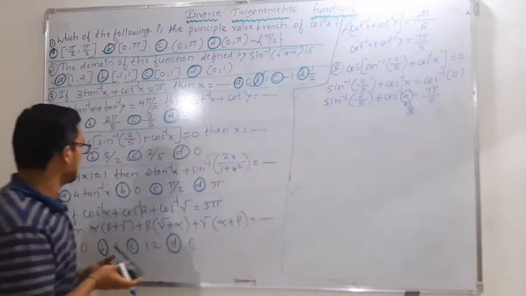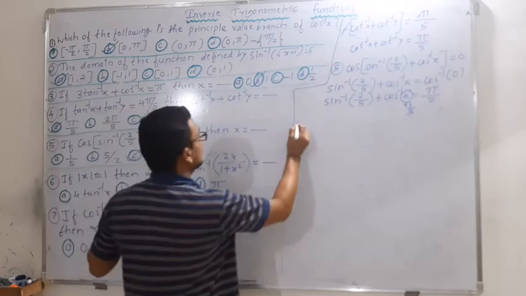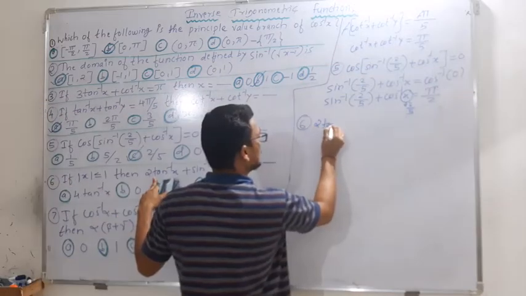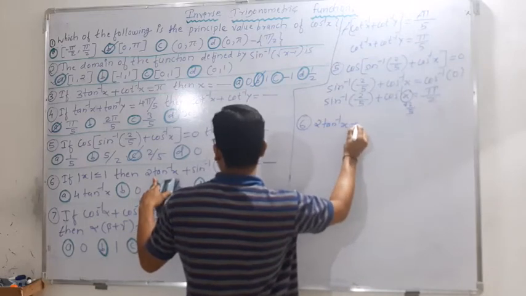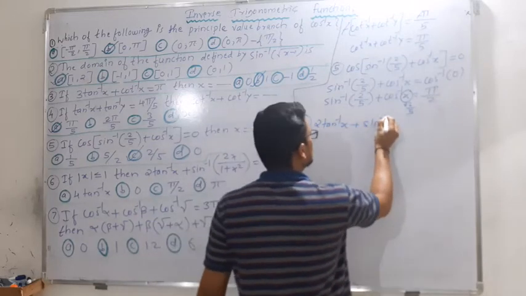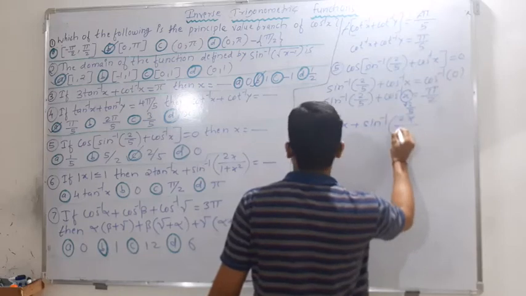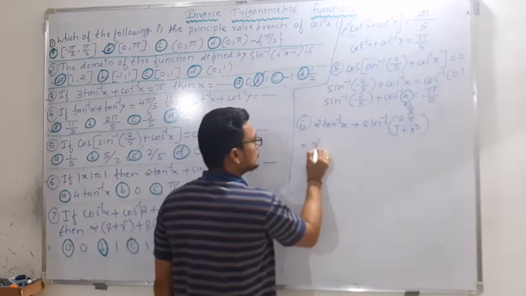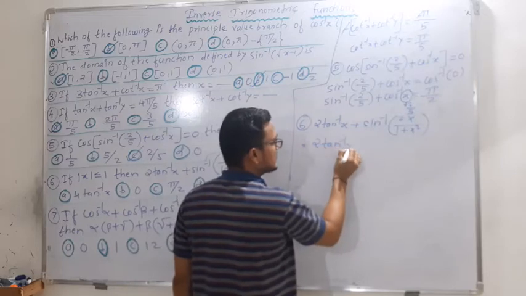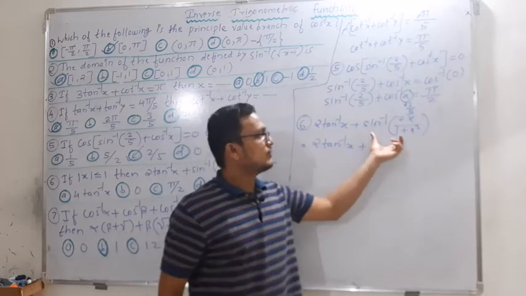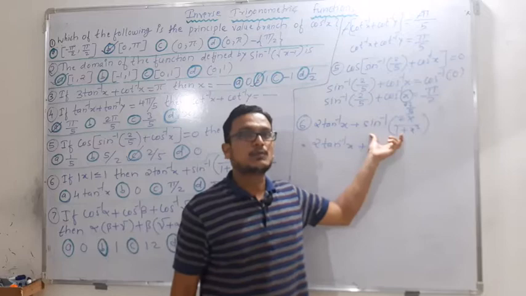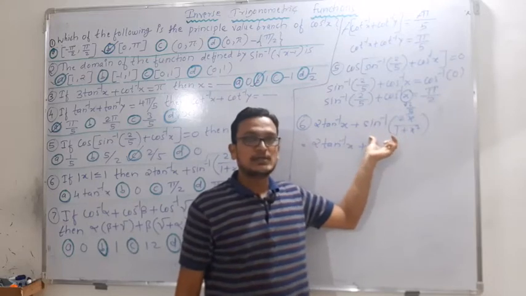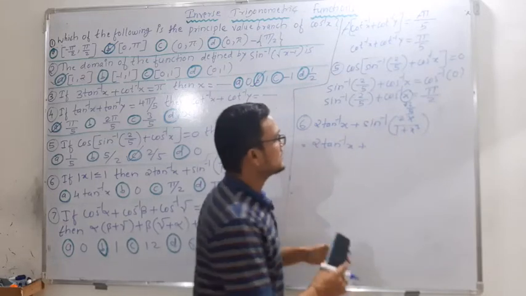So see here, I'll write that condition again. 2 tan inverse x plus sin inverse of 2x divided by 1 plus x square. This 2 tan inverse x is as it is. This is again one of the formulas, or you can say inverse trigonometric property. It is proved in the theory part. So its answer is what?